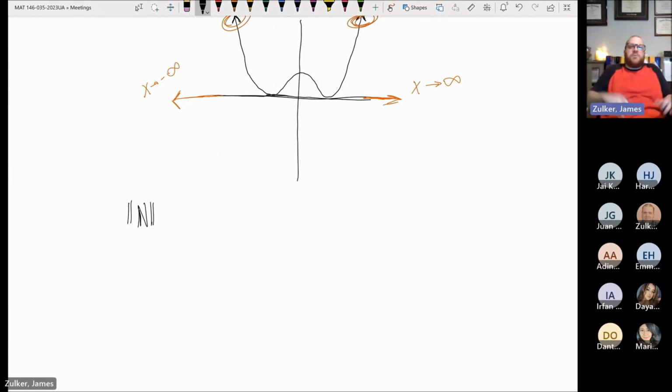So how many natural numbers are there? Infinite of it, right? There's an infinite number of them.